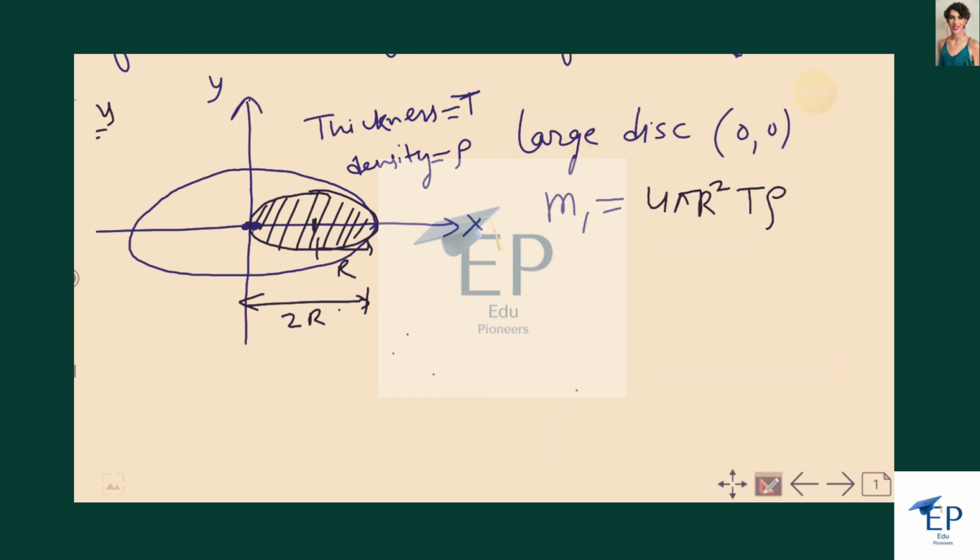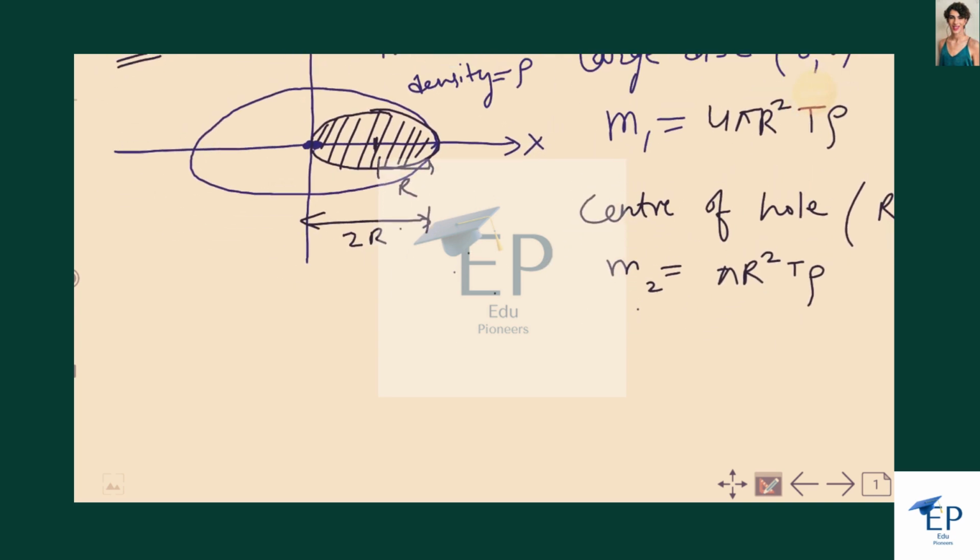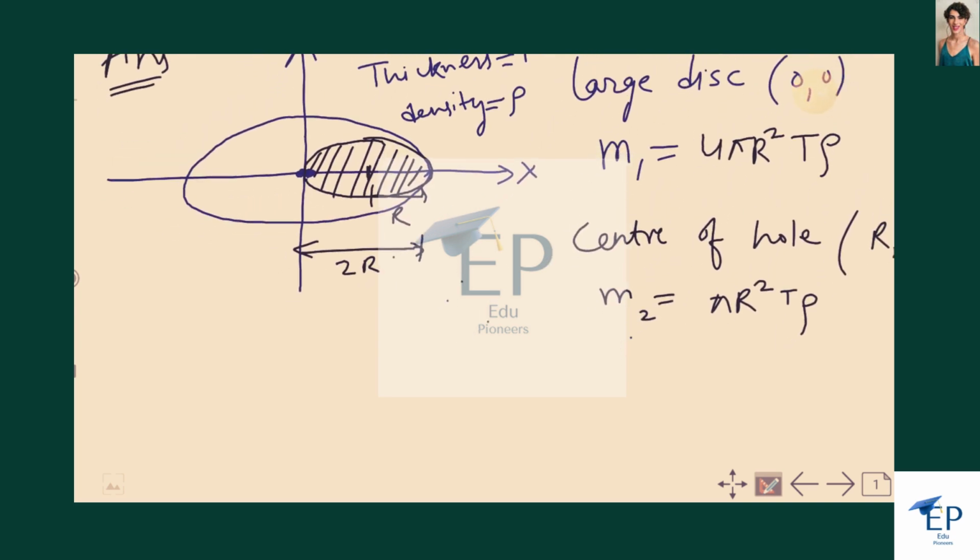The center of this hole is r comma 0, and the mass m2 is equal to pi r square times t times rho. Now the next step is to find the center of mass of the residual disk.